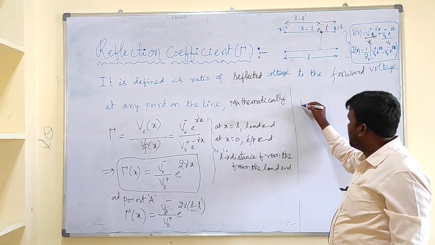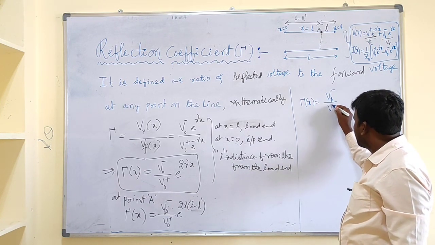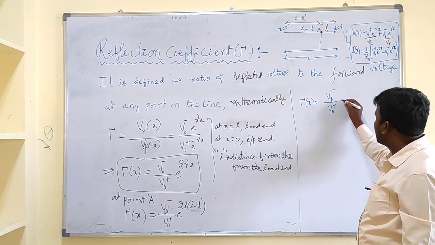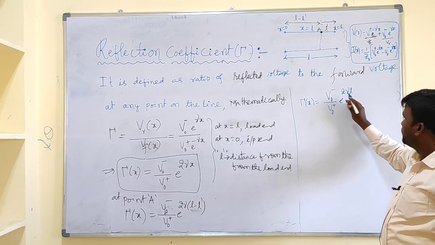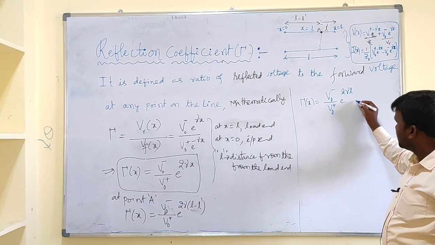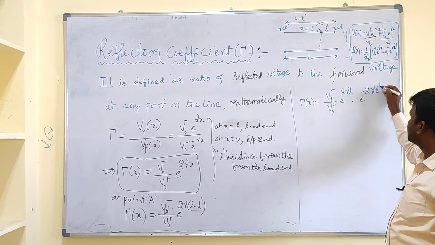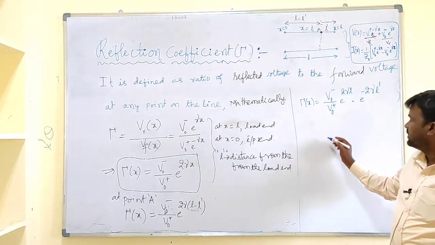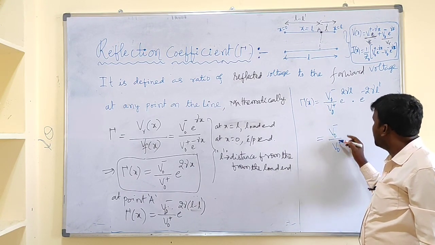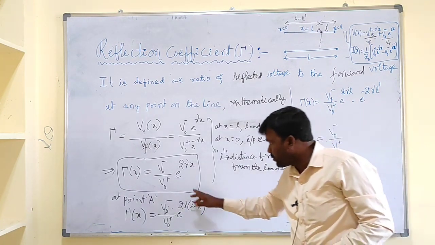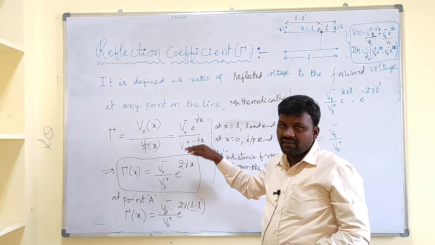Gamma of x is nothing but V0 minus by V0 plus, e to the power 2 gamma L into e to the power minus 2 gamma L dash. And if you see this, V0 minus by V0 plus e to the power 2 gamma x means the reflection coefficient at any point on the line.